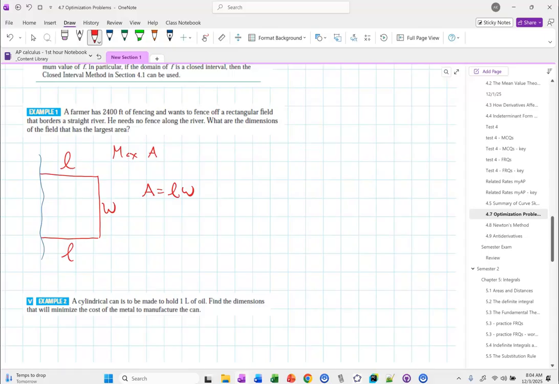Now there's a piece of information that we haven't used yet. What piece of information is that? Yeah, I have 2,400 feet of fencing, right? So I know that L plus W plus L should equal 2,400.